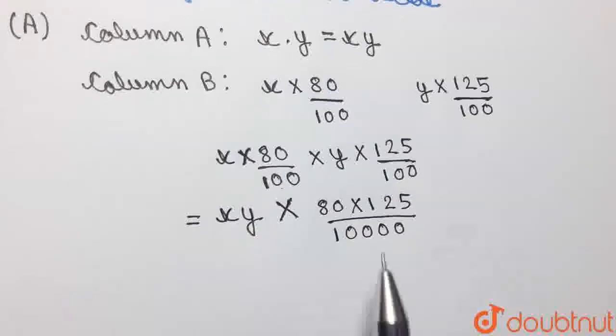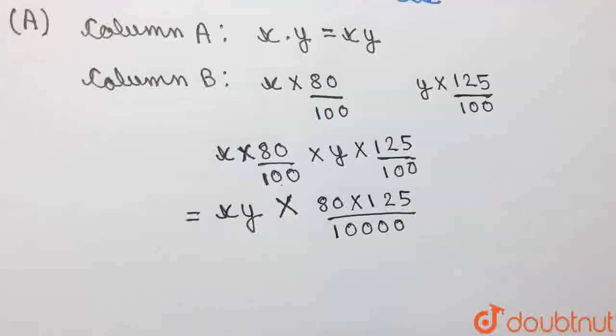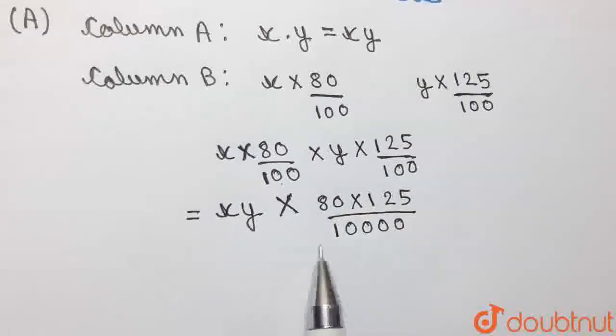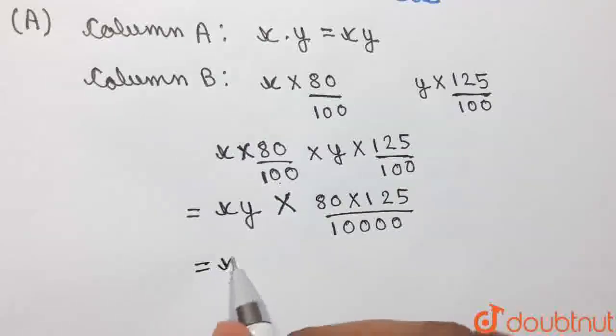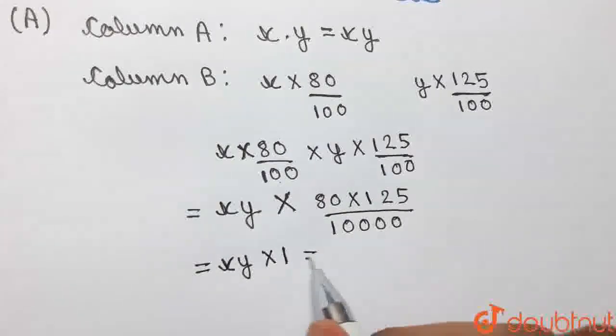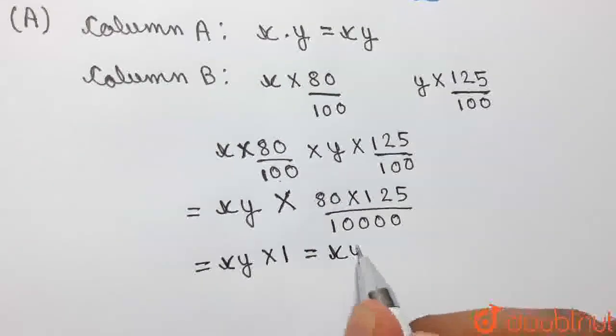Okay, now this numeric value 80 into 125 divided by 10,000, when calculated using a calculator, comes out to be equal to 1. Okay, so xy into 80 into 125 divided by 10,000 can be written as xy into 1, which is obviously the same as xy.